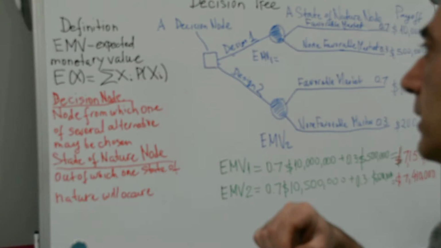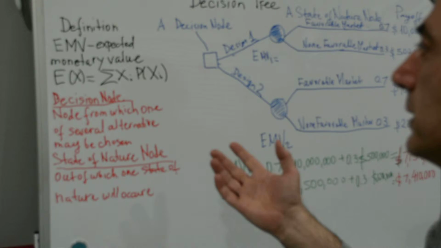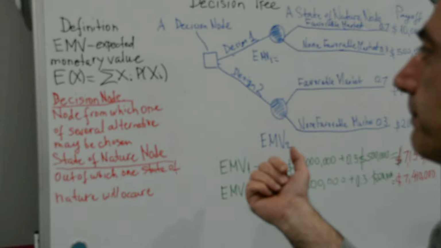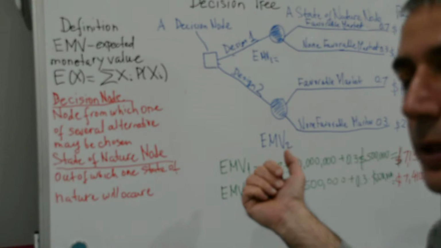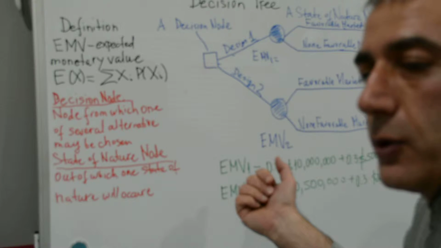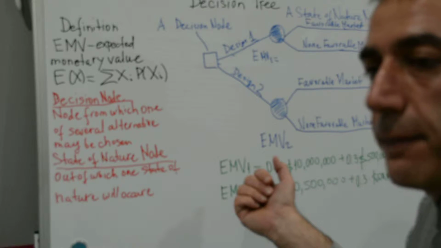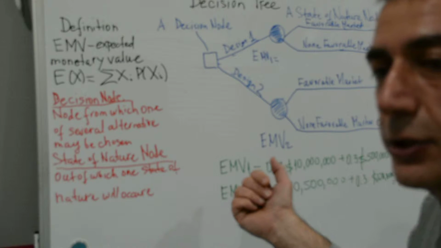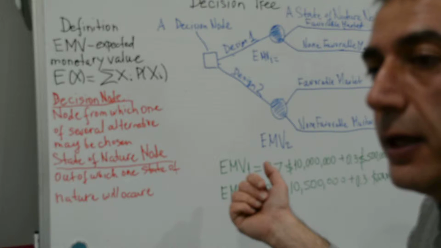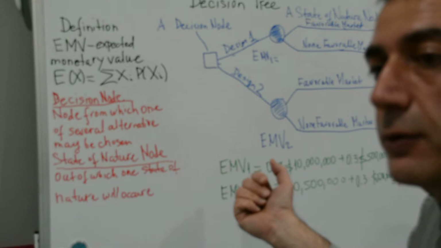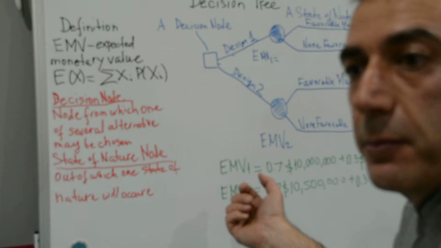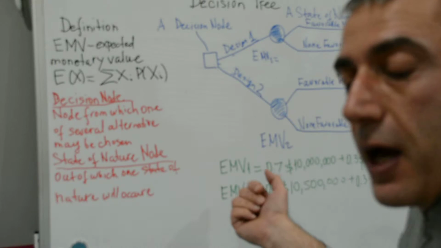Basically, what is the expected monetary value? If you think about the discrete distribution, so we have a probability associated with a certain random variable, and for example we have two alternatives, then it means that random variable can take two values.